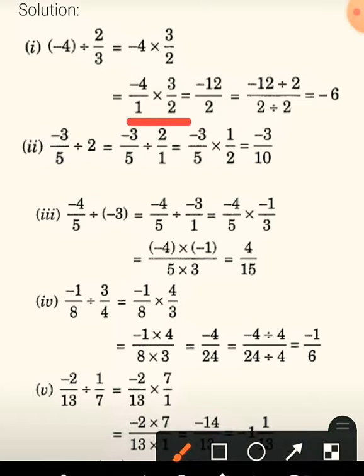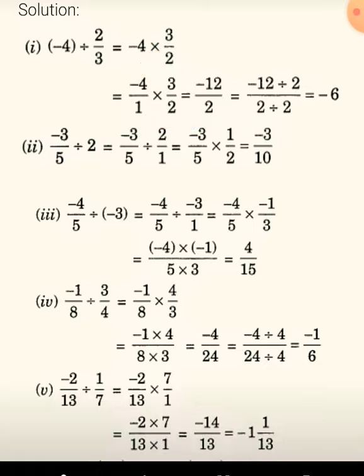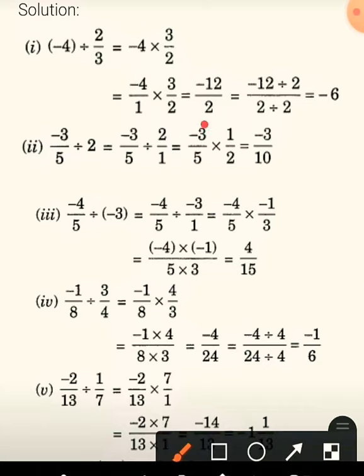Now this is multiplication of rational numbers, which we have already seen in the previous question, how to multiply. So numerator we will multiply with numerator and denominator we will multiply with denominator. So minus 4 into 3. So 4 3s is 12 and minus is there one time. So it is minus 12 upon 2, or below, 1 2s. So 1 2s will be 2. So our fraction will be minus 12 upon 2.